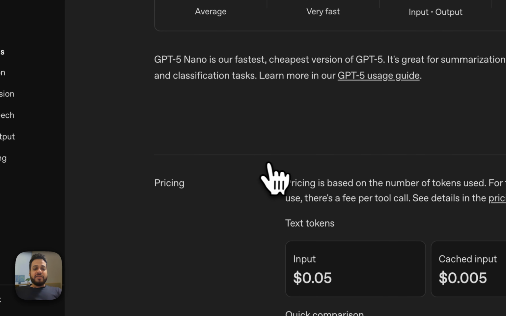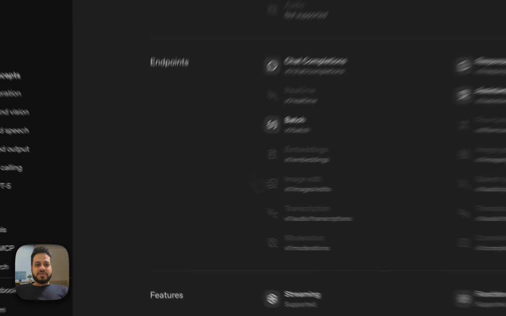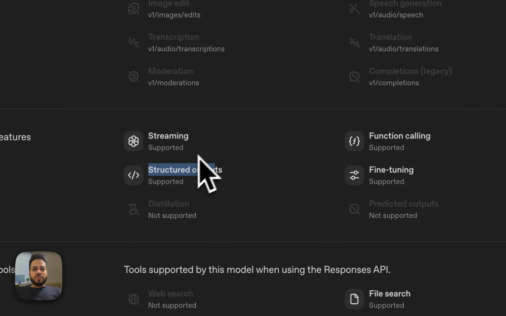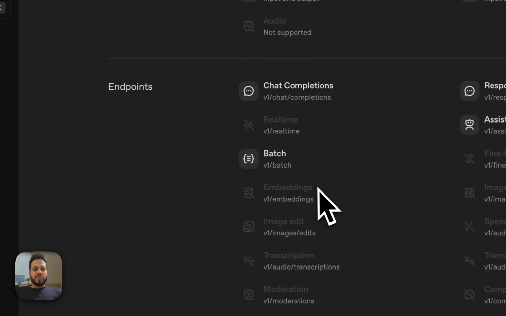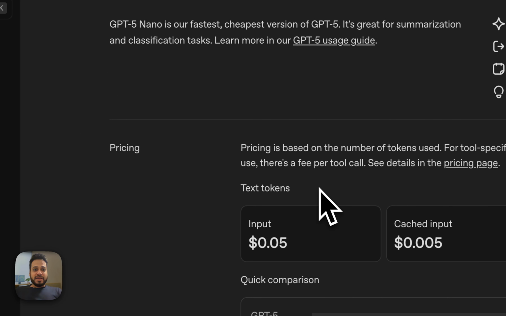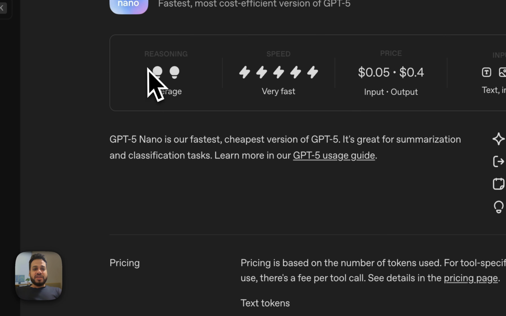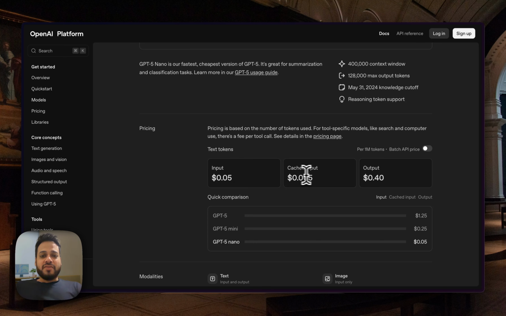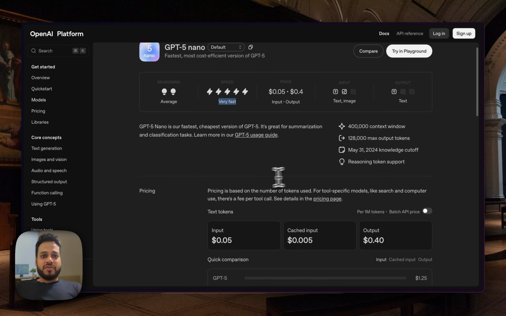This is GPT-5 Nano. This brings us a lot close to what we want, which is structured output, function calling, fine-tuning, and streaming with all of these things. And OpenAI says that the reasoning is average, the speed is very fast, and this is the pricing that we have in GPT-5 Mini, right?